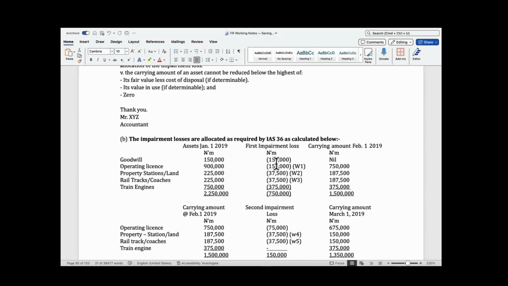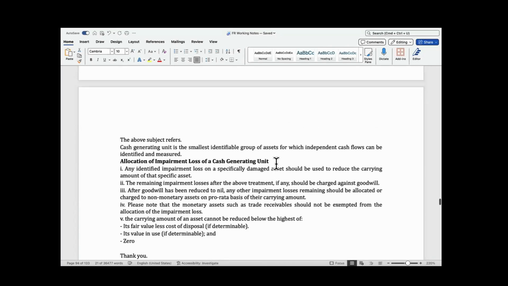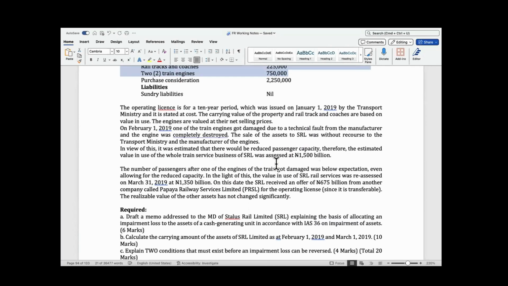I first allocate to physically damaged assets. From the question, because they segmented it into February and March, this paragraph deals with February, while the subsequent paragraphs deal with March. So they want me to calculate the impairment loss first in February, considering the fact that the value in use is now this amount. So I'm writing it down from 2.2 to 1.5.